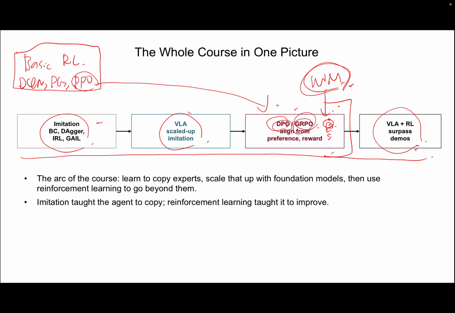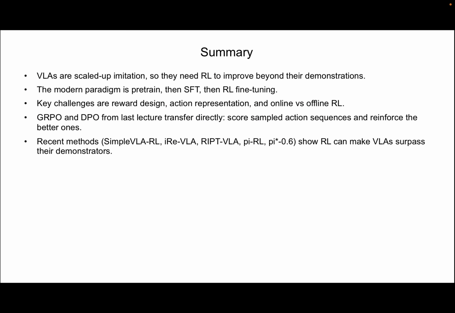The arc of the course is: learn to copy experts, scale that up with foundation models, and use reinforcement learning to go beyond them. Imitation taught the agent to copy, reinforcement learning taught it to improve. So we can close the loop between imitation learning and RL algorithms, right? So let's summarize. VLAs are scaled imitation, so they need RL to improve beyond their demonstrations.